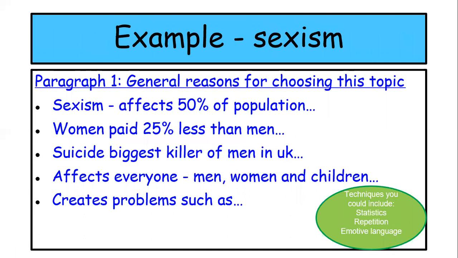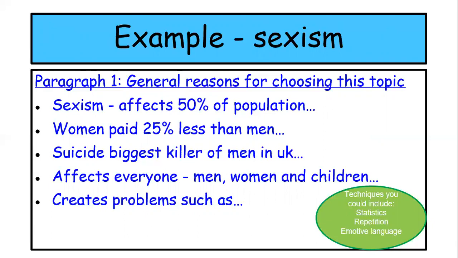Some examples of things that you might include. So if yours was about sexism, then you might want to put in some statistics. You could include some repetition, and emotive language is going to be something that comes up in every paragraph. We want your feelings to be expressed clearly and for your listeners to understand those feelings.